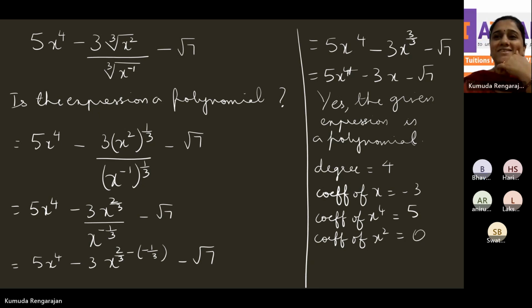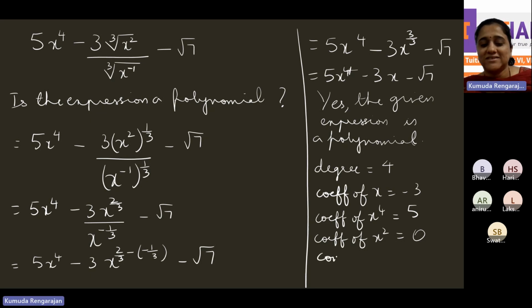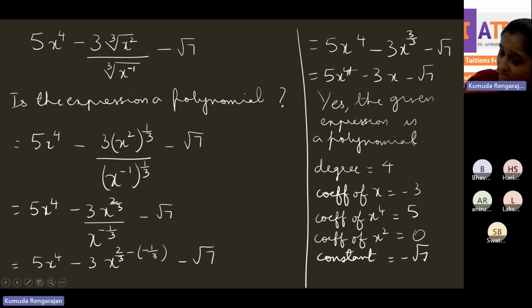It's not there. And what's the constant? Minus root 7. So always with the sign. Constant is minus root 7.